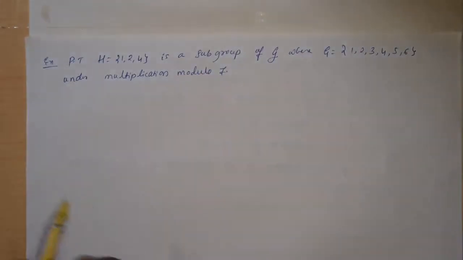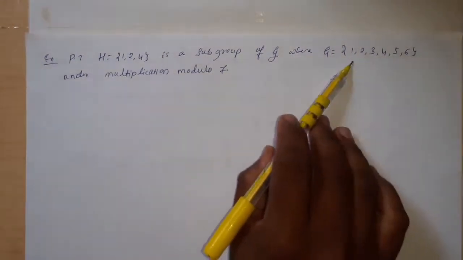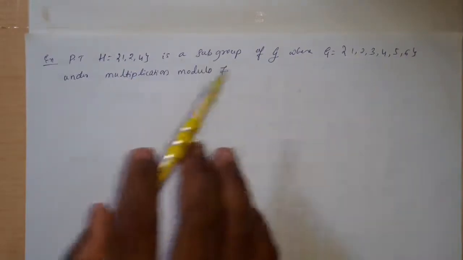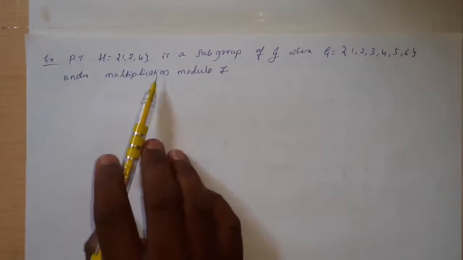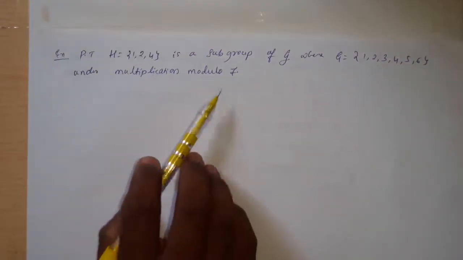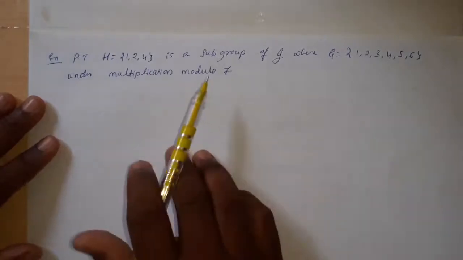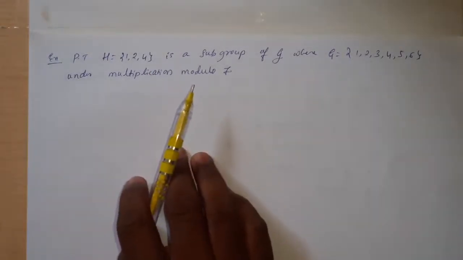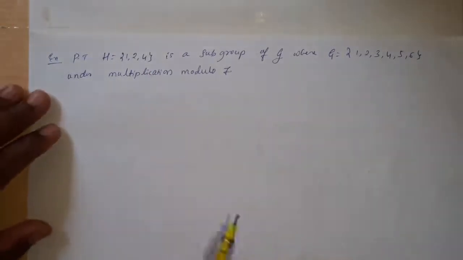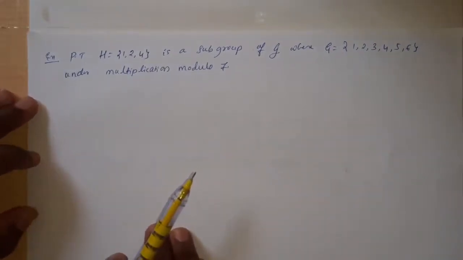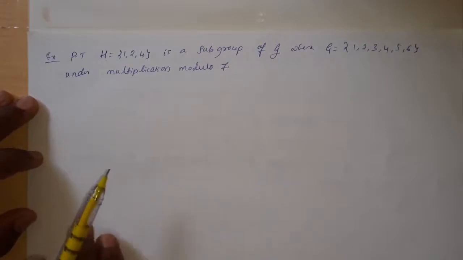So here the given subset is H equal to {1, 4} and the group is G equal to {1, 2, 3, 4, 5, 6} under the binary operation, that is multiplication modulo 7. It is not a normal multiplication, it is the multiplication modulo 7. So already we have solved similar examples with respect to addition modulo 6, addition modulo 11, like that.